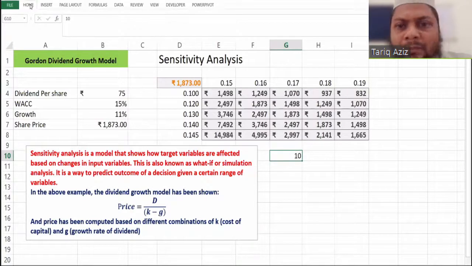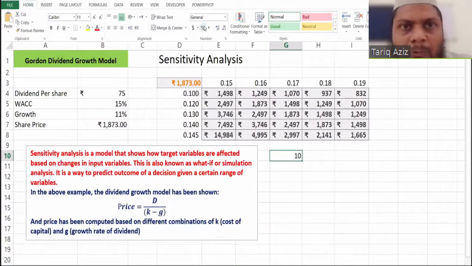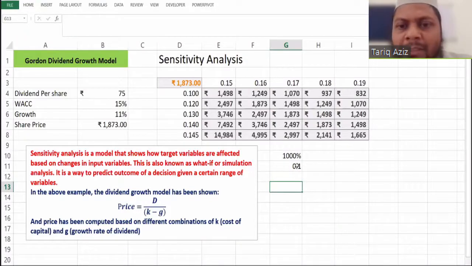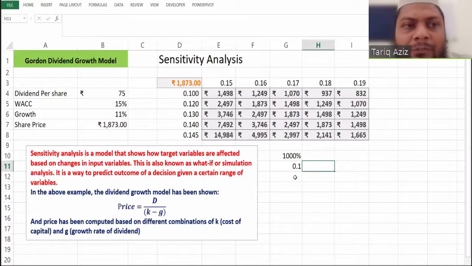But what is this 10? We have to define it. Actually 10% is this figure, but if we write 10, the software will take it as 1000%. So that will not be correct.